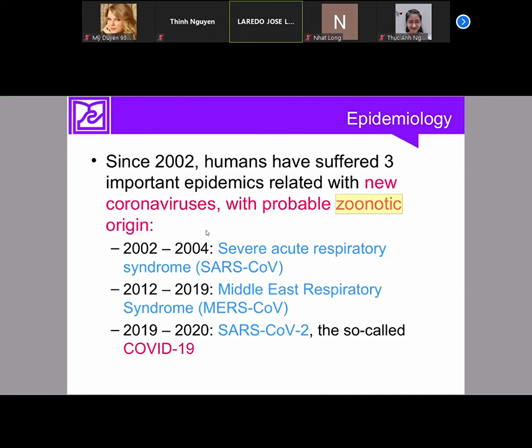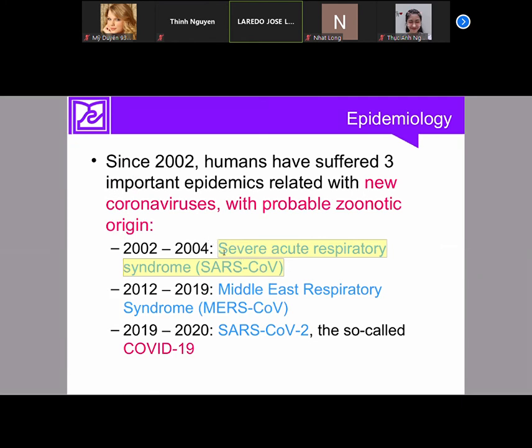The first new coronavirus appeared in China 18 years ago. And that was the so-called severe acute respiratory syndrome. This was a very severe disease, maybe the most severe caused by coronaviruses. And many people died because of this virus. However, the transmission was not so easy as the new one. So this was the first one.